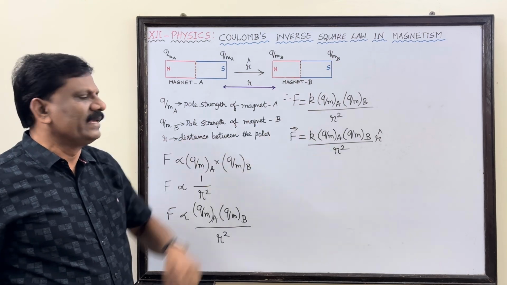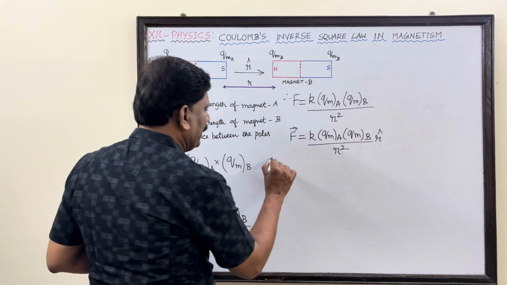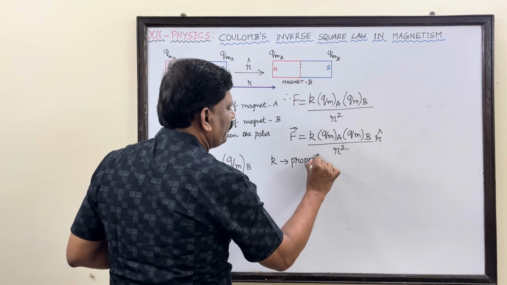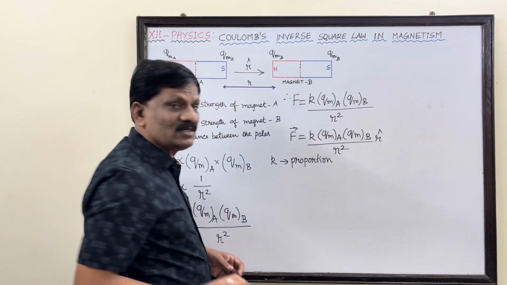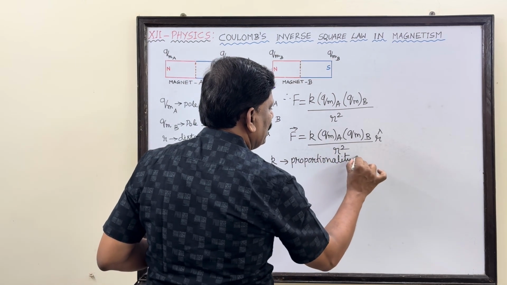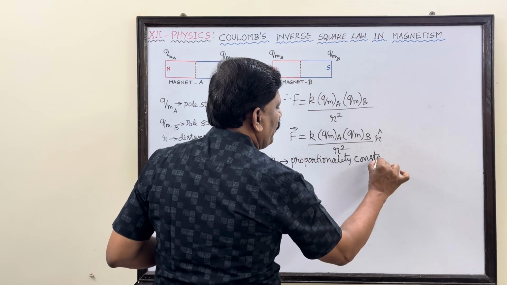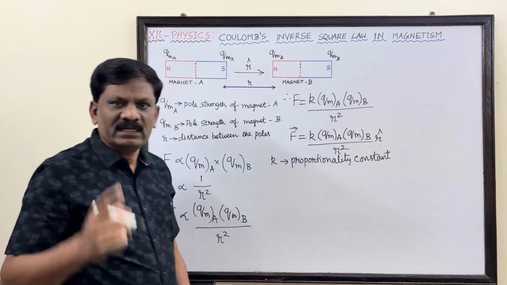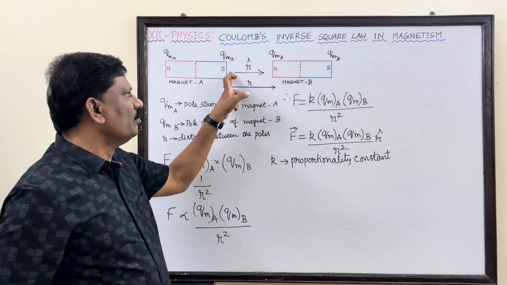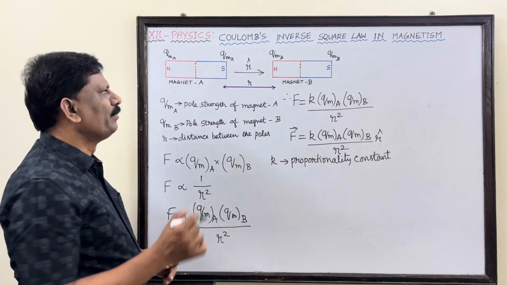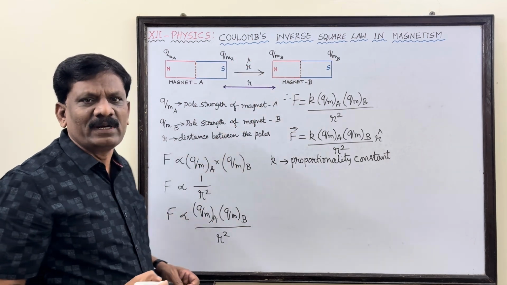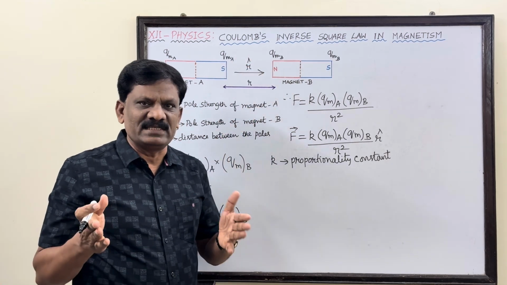Now, what is K here? K is a proportionality constant. Like this only we introduce a proportionality constant. Though it is a proportionality constant, this factor K still depends on the medium between the two poles. For example, if there is no medium between the south pole and the north pole, that is free space, vacuum.